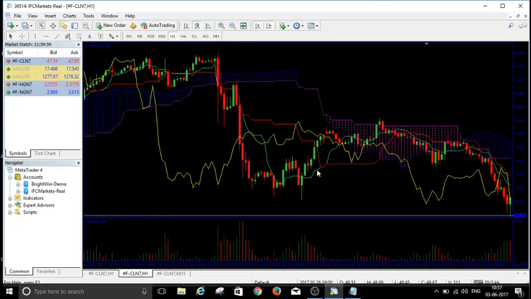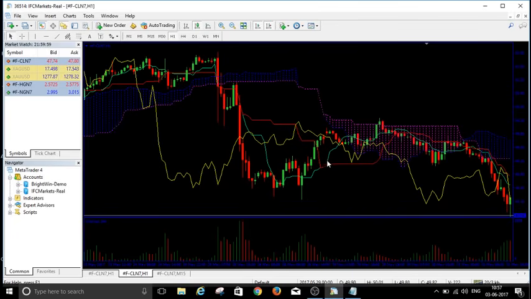Okay, suppose we have taken a position, one more thing I will tell you about this line, Kijun Sen. When Kijun Sen is getting flatter, there will be significant chances of reversal. It just goes up to take the assets of traders and it will again come down.